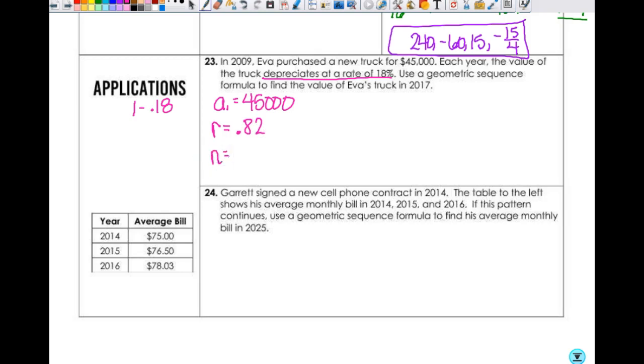What is N? N is not 8, because you are starting 2009, it has a value, right? So you got 2009, 10, 11, 12, 13, 14, 15, 16, 17. So you're going to take 2017 minus 2009 plus 1.